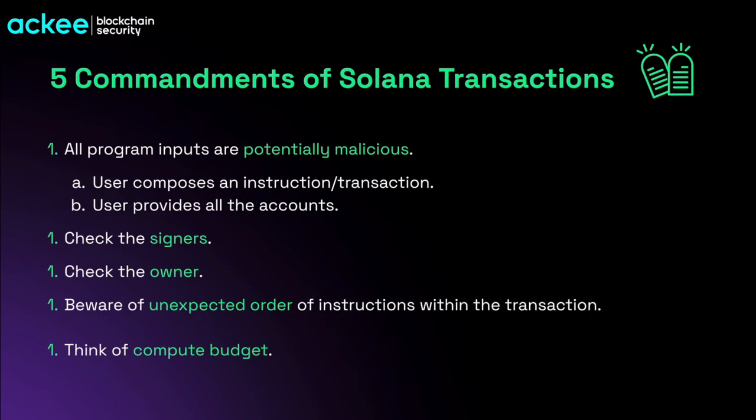So from the developer's perspective, we need to check the signers, we need to check the owner, and we need to be aware of the unexpected order of instructions within the transaction. We also need to cover any form of invalid input from the side of the user, and also think of the compute budget when we are designing these transactions in our program.